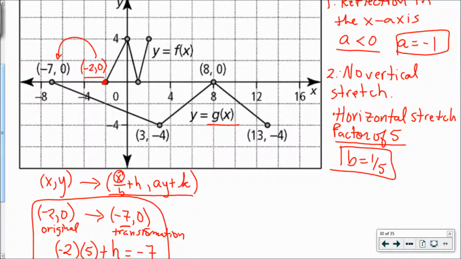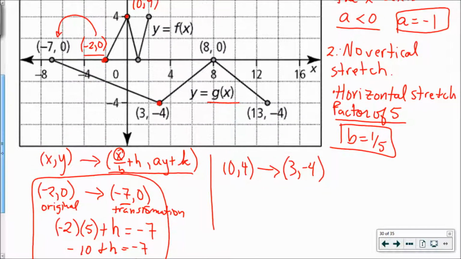Now, I picked a different point to find k. We can use the same point, it's fine, but I picked a different one. So I used this point up here, 0, 4, as my original. And that point became 3, -4, which is down here. So after the reflection and the stretch it ended up at 3, -4.